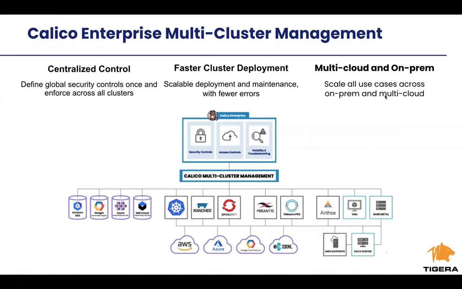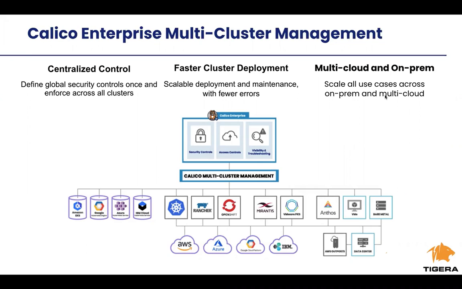Calico Enterprise has multi-cluster management, and what it allows you to do is to centralize control of your many clusters under a single pane of glass. It gives you a single user interface, a single place to manage and scale the security controls that you need to be able to maintain compliance for your clusters if you're doing this for real for production workloads. A lot of times teams will start out early on with just dev and testing workloads, but as things start to move into staging and then beyond, where you're actually taking live traffic from customers, you start to coordinate with teams.